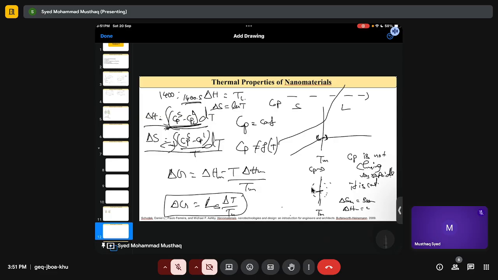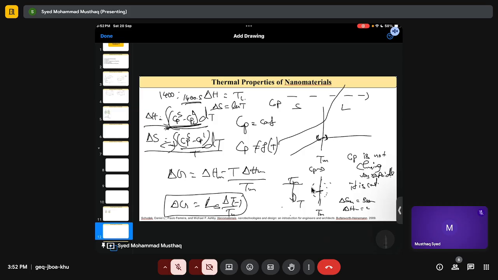This is called undercooling. How fast you are cooling is the cooling rate. We are not talking about the cooling rate, we are talking about the undercooling. Undercooling is nothing but how far you are below the melting temperature. If there is Tm and there is T, then Tm minus T. For example, if my melting temperature is 0, what is the melting temperature of ice? It is 0.